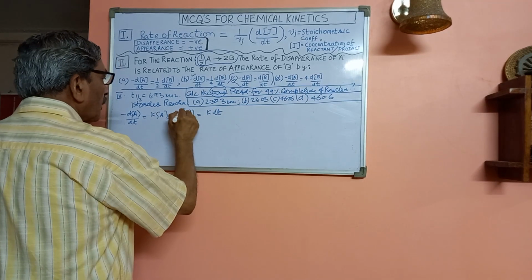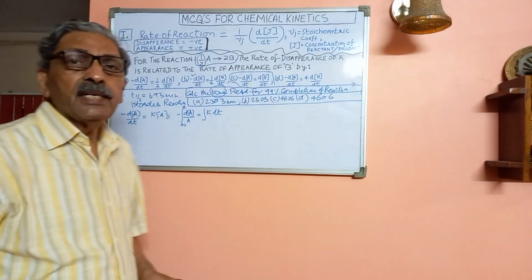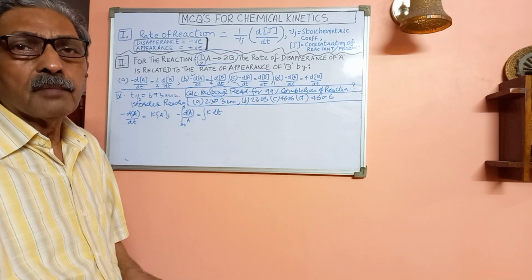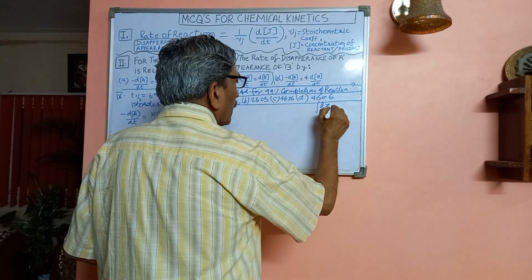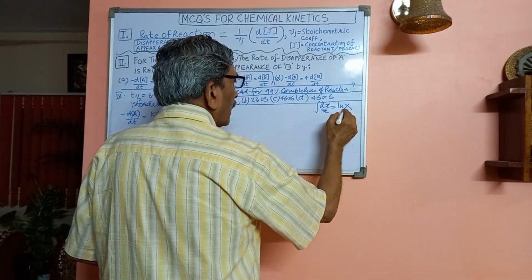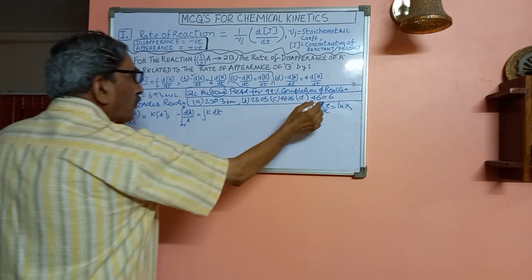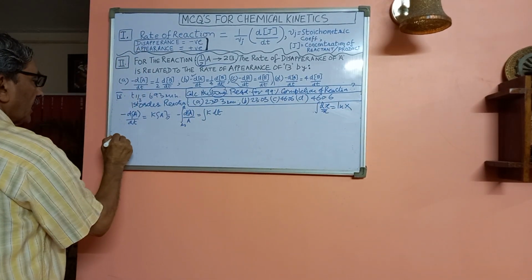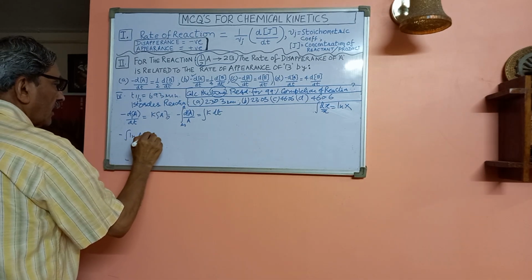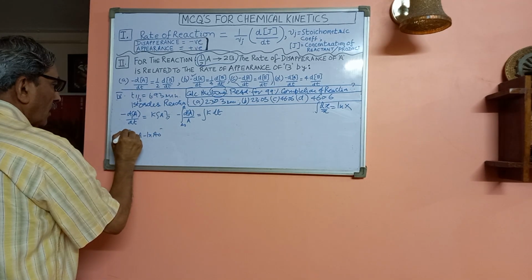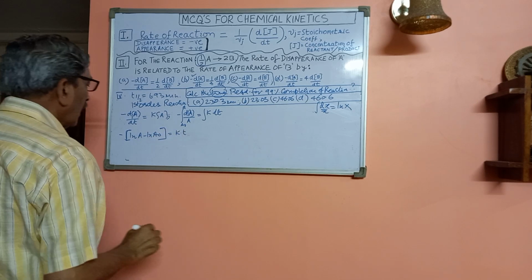We can integrate this equation between the limits A0 and A. We remember from simple mathematics that the integral of dx by x is ln x, and this is of the same form, dA by A, so this will be minus of ln A minus ln A0 is equal to Kt.